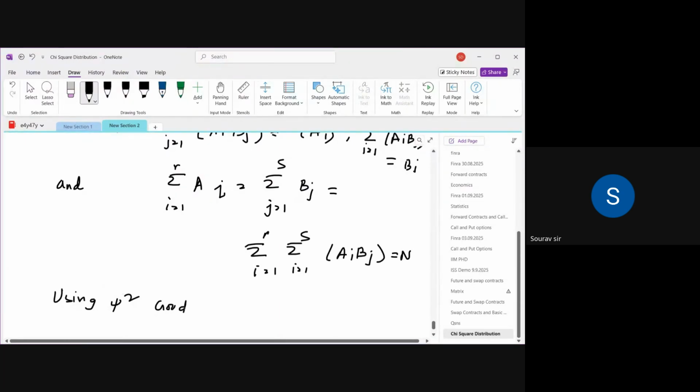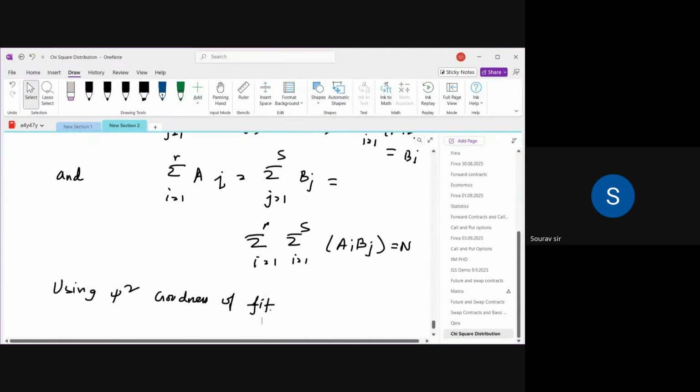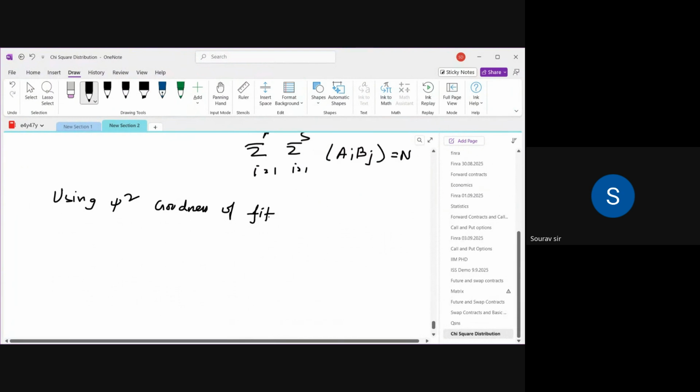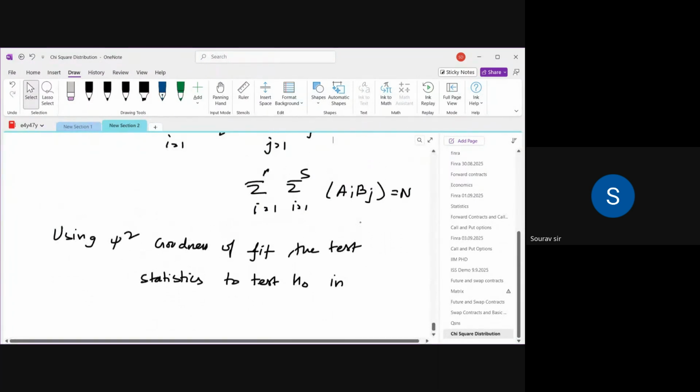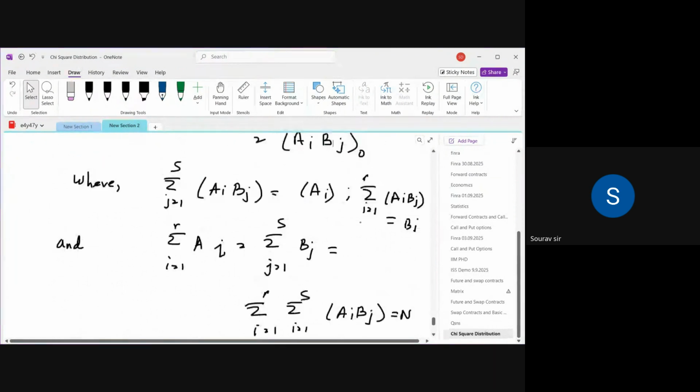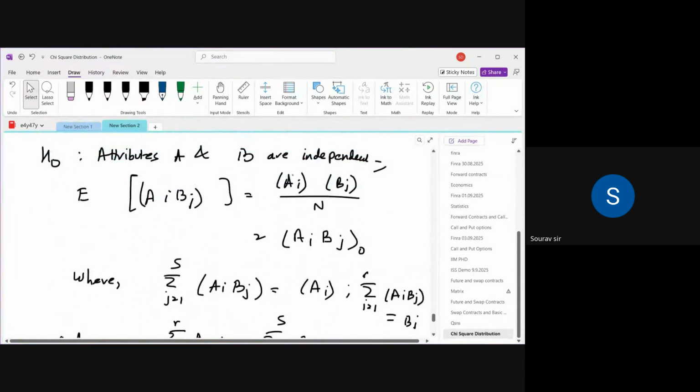So using the goodness of fit test, which we did, this is for the independence of attributes. The test statistic to test H0, for the first equation, which I marked with a star, that is the expectation of AiBj.